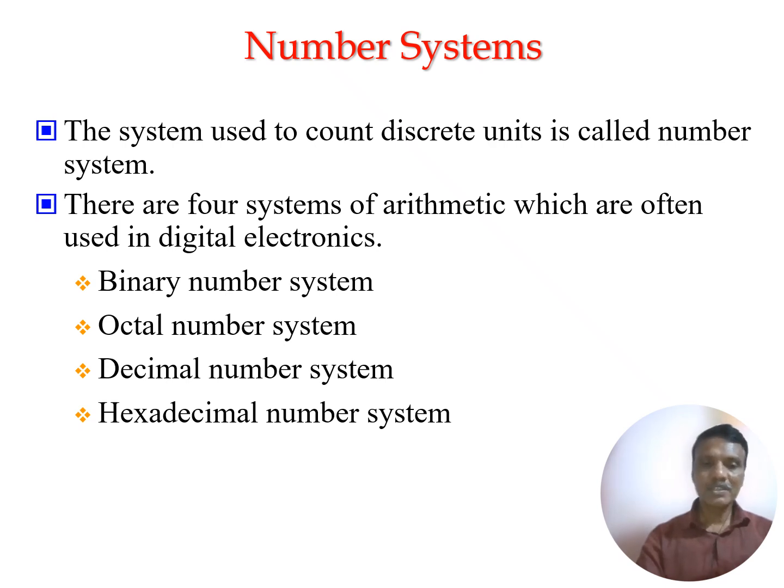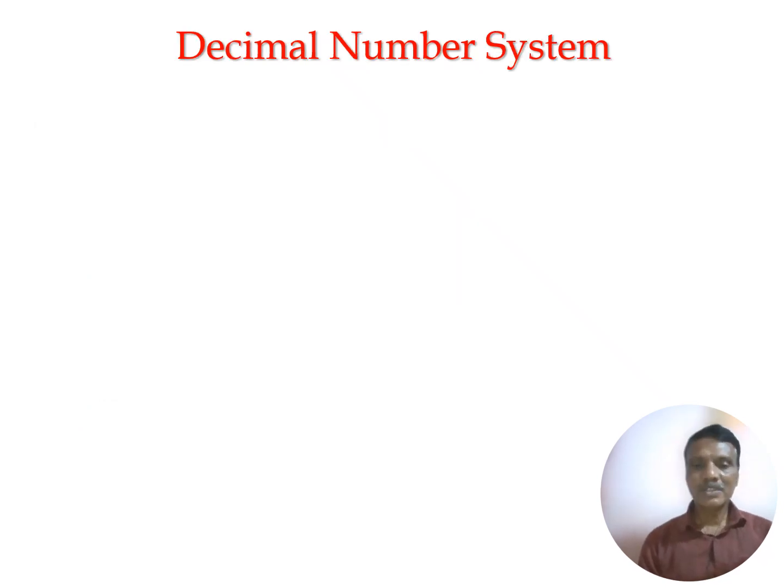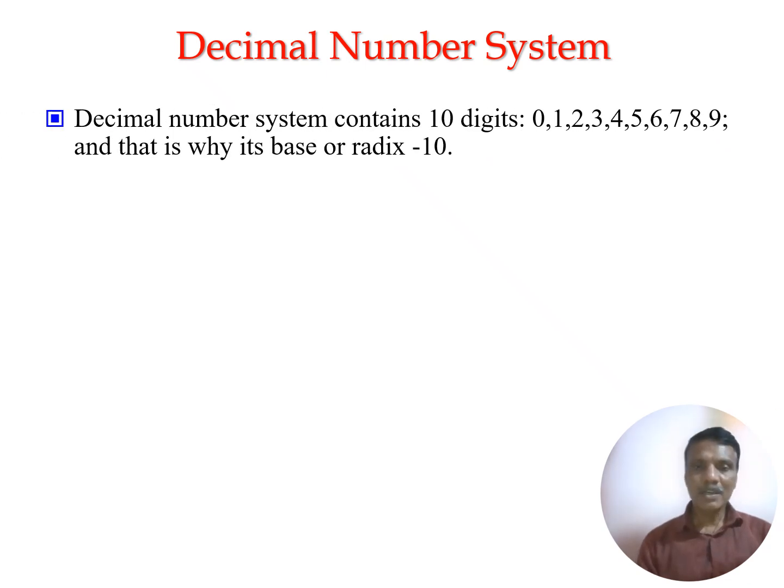So let's discuss the number systems one by one. First, the decimal number system. It contains 10 digits: 0, 1, 2, 3, 4, 5, 6, 7, 8 and 9.